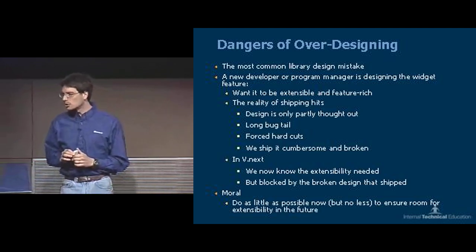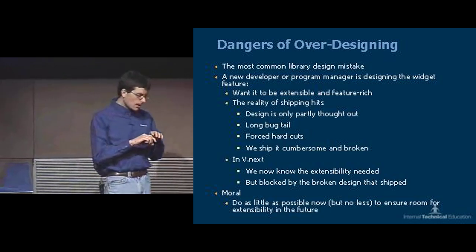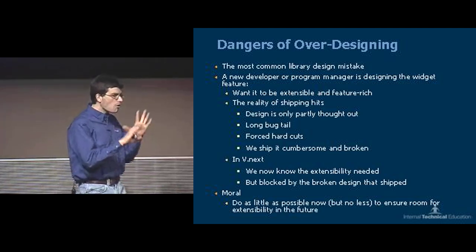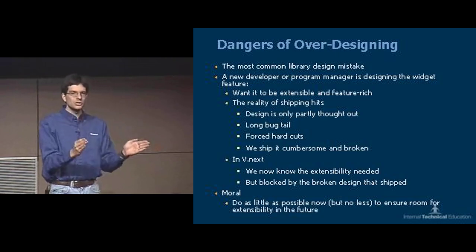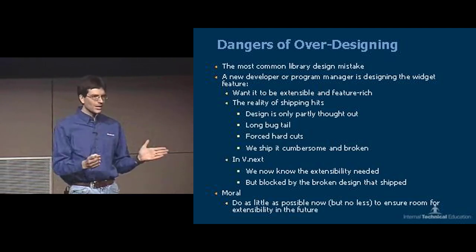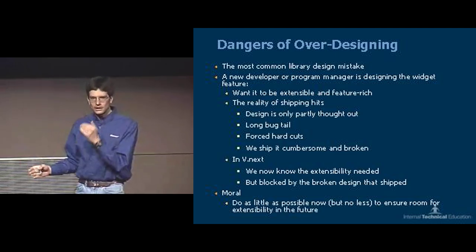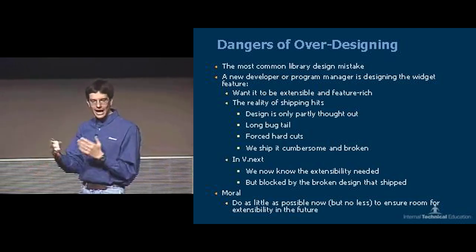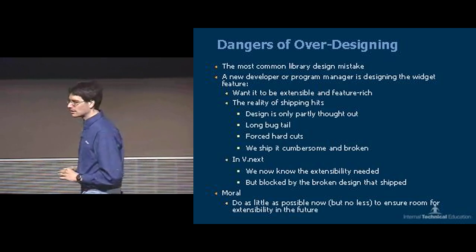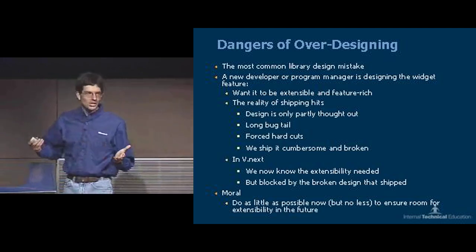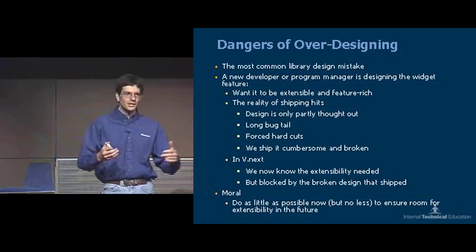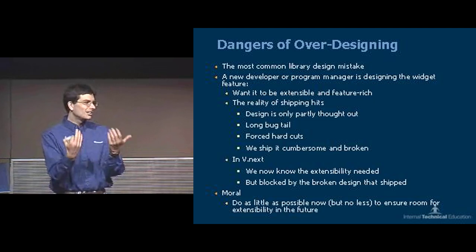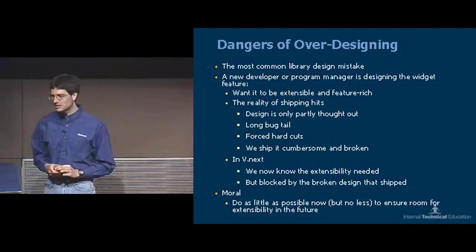So the moral of this story is that you should not over-design the feature. Design the absolute minimum thing that we can do now for the requirements that we have now, and that leaves you room in the future to add the more extensibility that's needed. So it's kind of interesting that I'm starting a section on designing inheritance hierarchies and extensibility with a story about not doing too much extensibility.